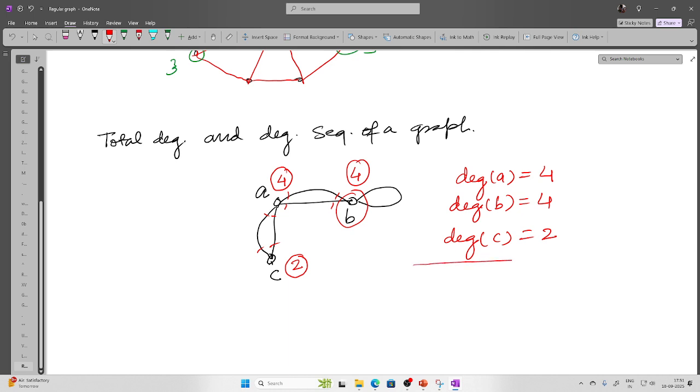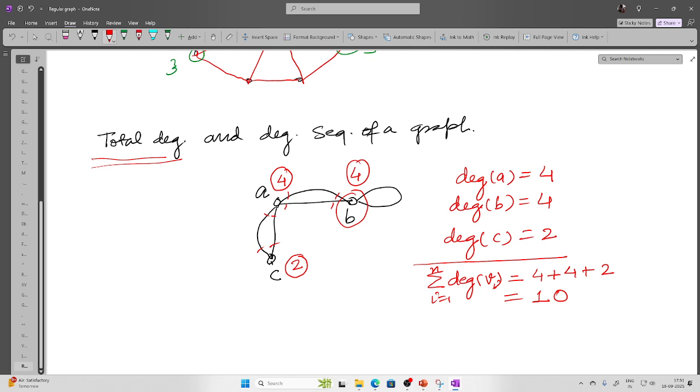So if we add all the degrees in a graph, that means sum up the degrees of all the vertices, then that is what we call the total degree of that graph. In this particular case, it is 4 plus 4 plus 2, that is 4 plus 4, 8, plus 2, 10. So 10 is the total degree of this graph.